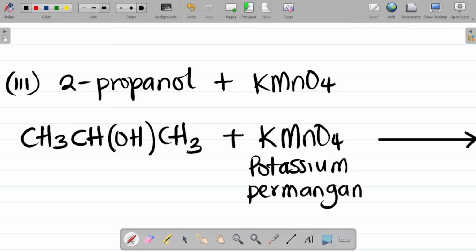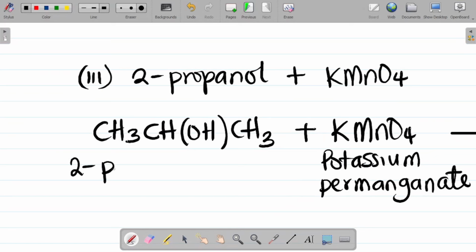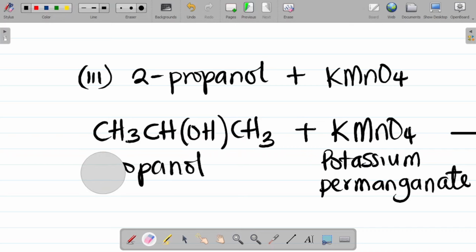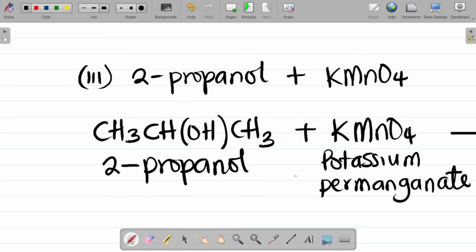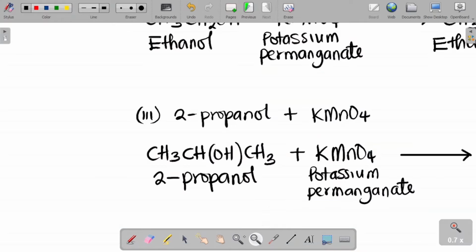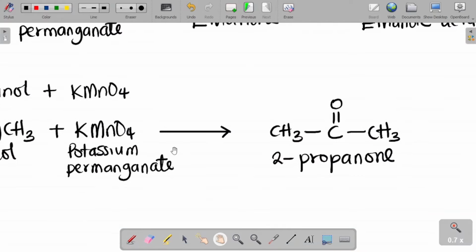Then what we have here is 2-propanol. All right. So basically, you have these three equations. These are the required equations.